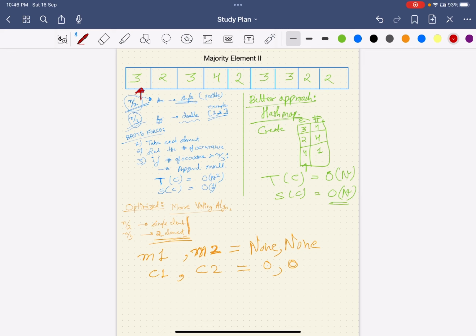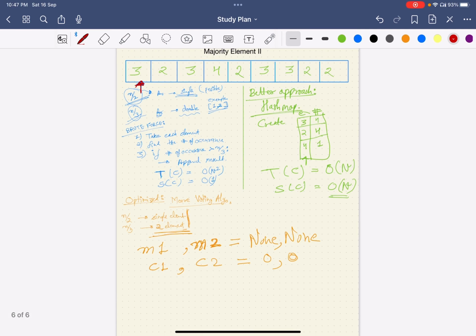The count 1 is 0, so we will include this as majority element 1. So the majority element becomes 3 and my count 1 becomes 1. I will go ahead to 2. Since my majority element 1 is 3, I will look at majority element 2, which is None. So I will assign this as majority element 2 and the count will change to 1.